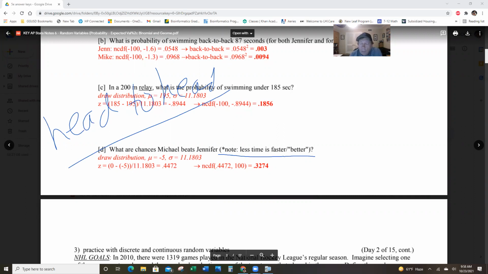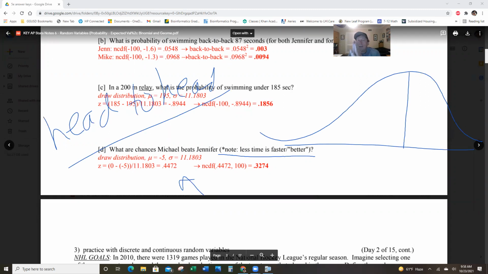Now, a couple of ways to do it. This is the way I would do it, and I do it a little differently here. Draw this curve out. What I always do is ask, what is typical? Just simply subtract their numbers and put it in a positive number. So the typical number is 5. Jennifer is typically 5 seconds better than Michael.